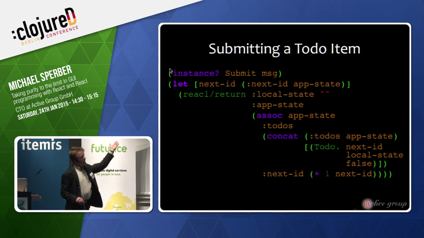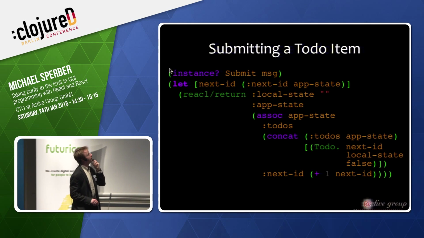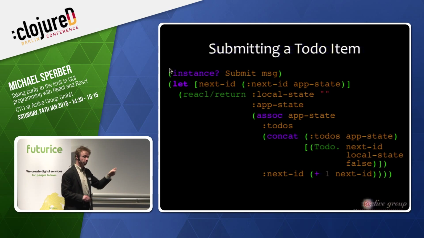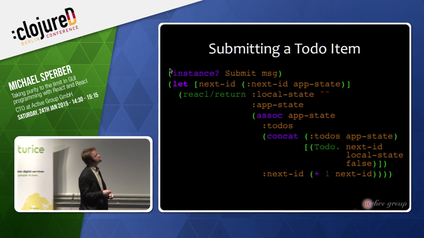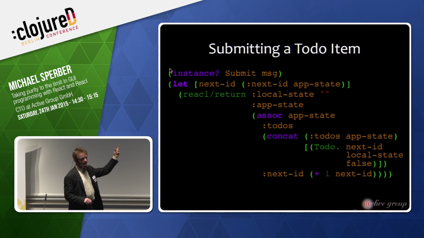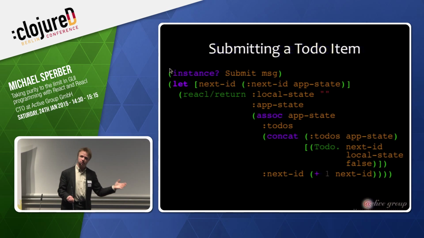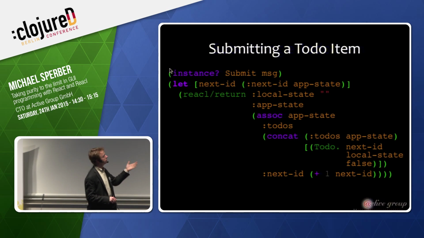And now it's just very straightforward code, right? When somebody pushes the submit button, we want on the next iteration of the system the text to be empty.